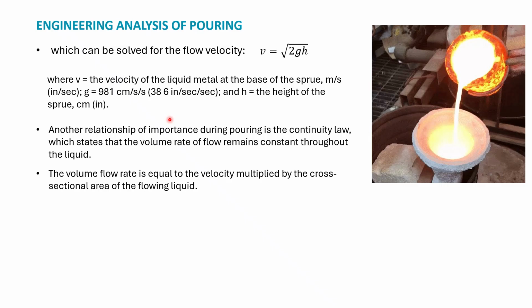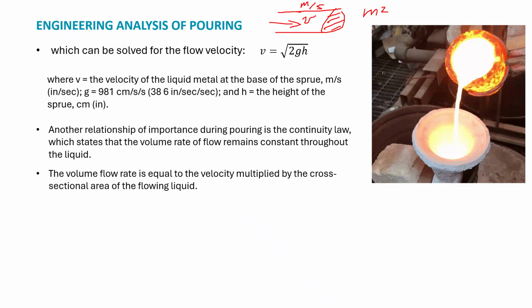Now let's try to think about that. Let me sketch something here. If I have a pipe with a certain cross-sectional area, and I run a liquid inside at a certain velocity, this area is going to be in meters squared, and the velocity is going to be in meters per second.